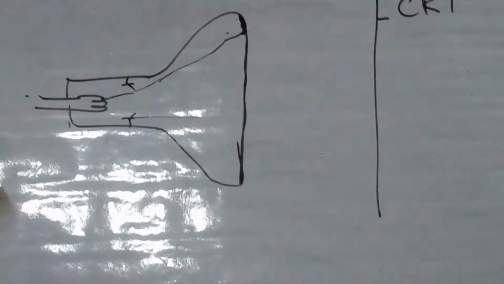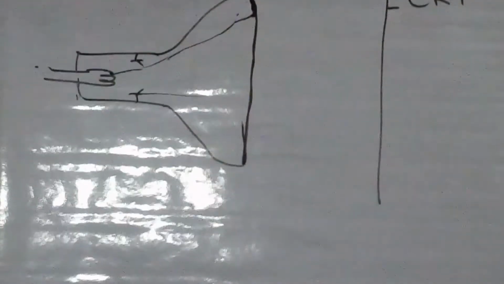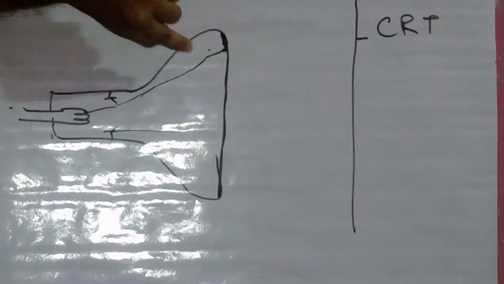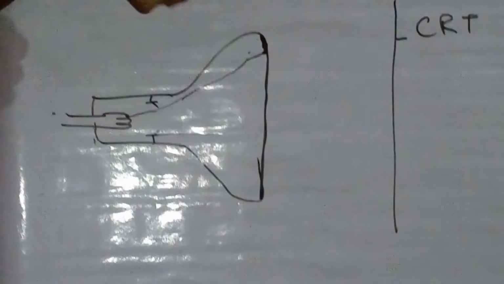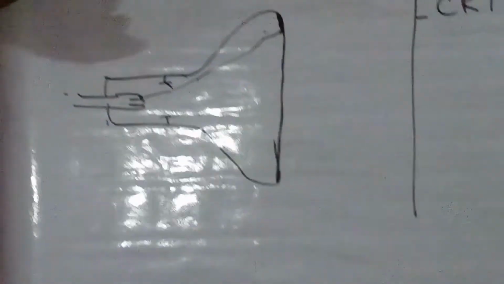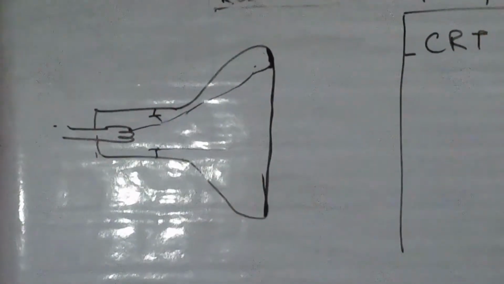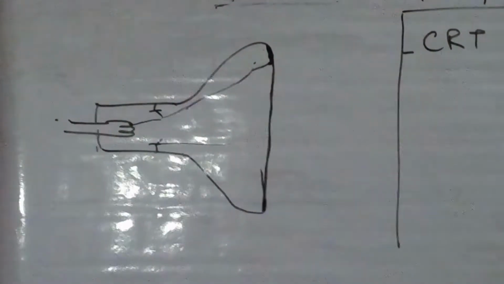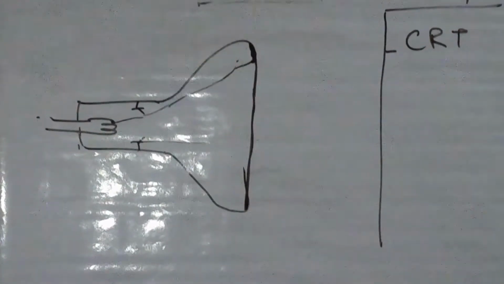When each electron beam strikes the coated screen of the monitor, it heats up the particle of the coated material, and from the heating of that particular particle, that particle glows and represents a pixel or dot on the screen.